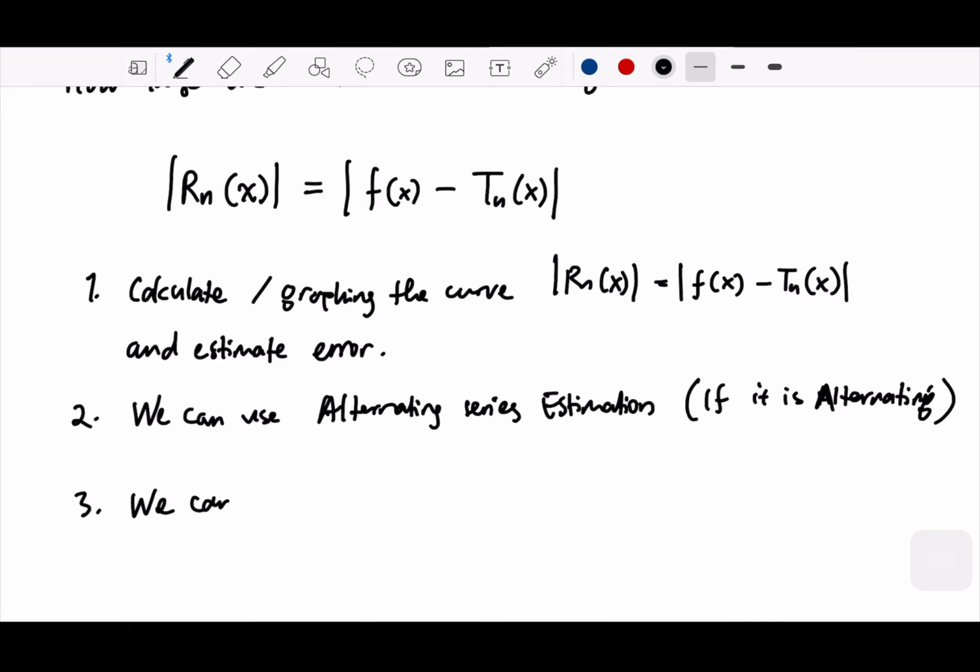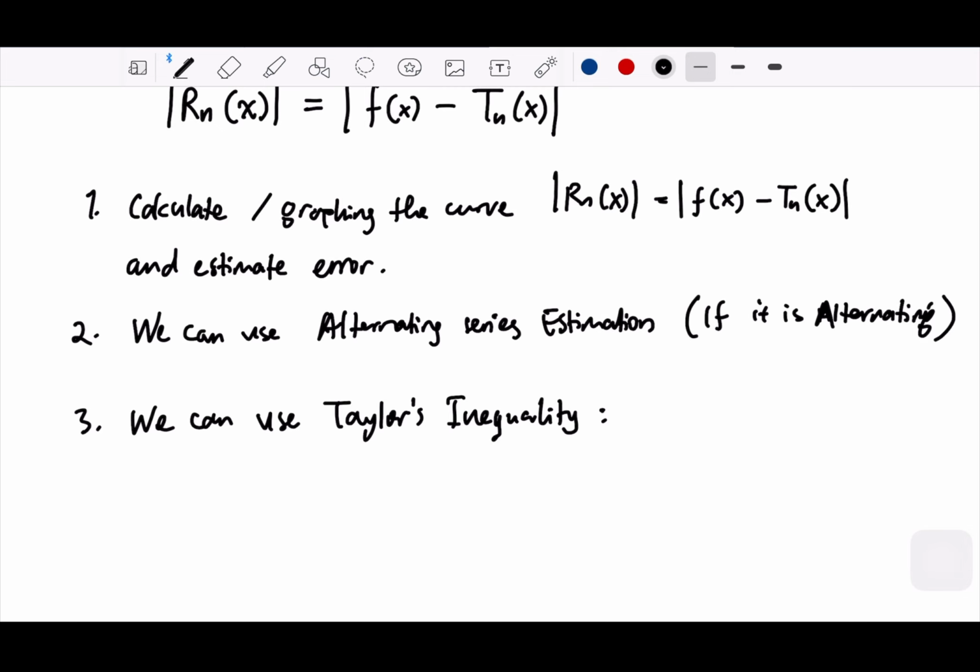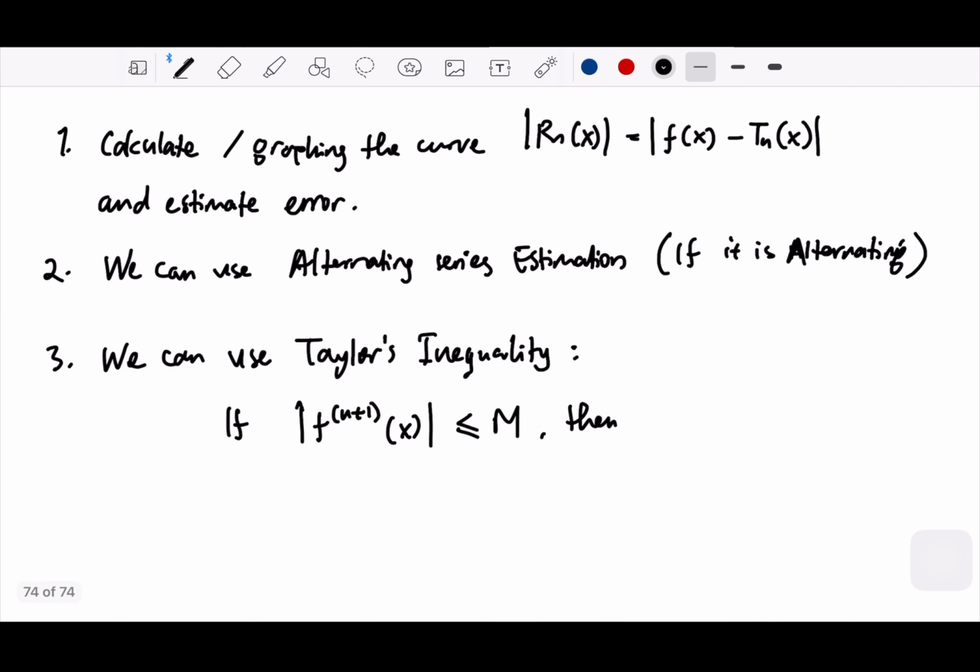Or we can use Taylor's inequality, which states that if the absolute value of the (n plus 1)th derivative of f(x) is less than or equal to M, then our remainder is less than or equal to M over (n plus 1) factorial times the absolute value of (x minus a) to the n plus 1. This is what we have.